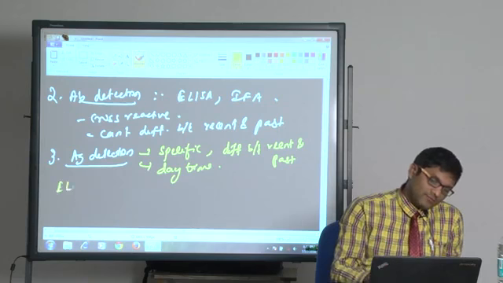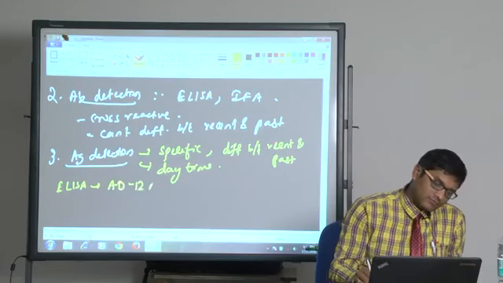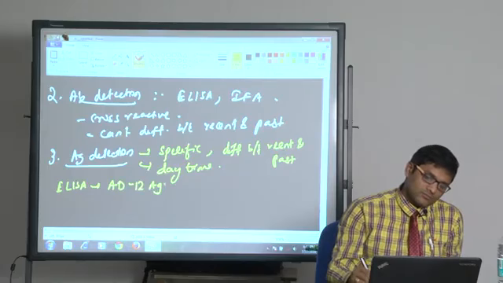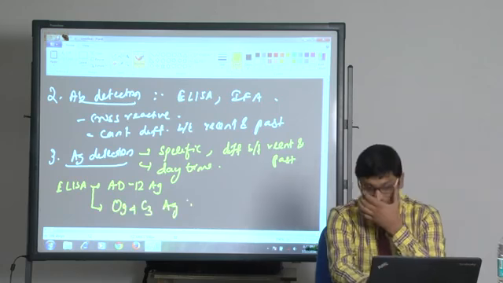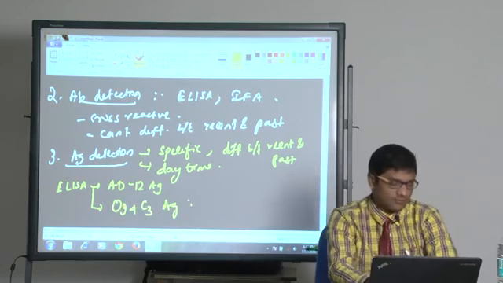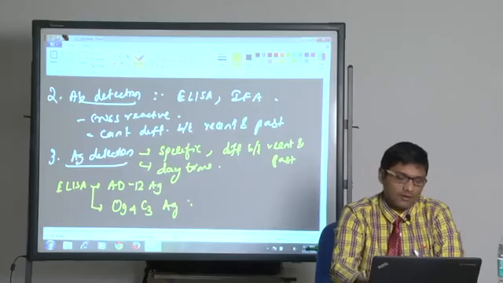One is ELISA detecting AD12 antigen, and one more ELISA method is available which detects Og4C3 antigen. So these are the two antigen detection methods available.